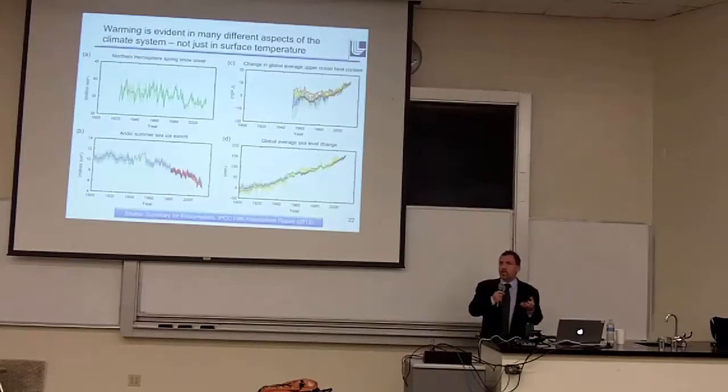And all of this is physically consistent with the surface temperature data that I just showed you, with a warming planet, which is what led the IPCC to conclude in the 2007 report that warming is unequivocal. And when you get cautious, conservative scientists from many, many different countries agreeing that warming is unequivocal, that's a pretty strong statement. Okay.